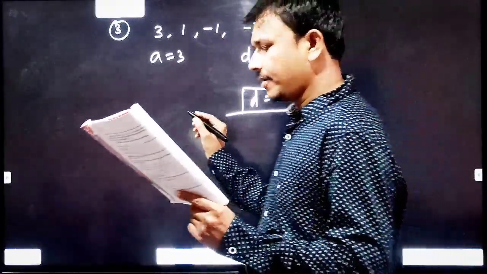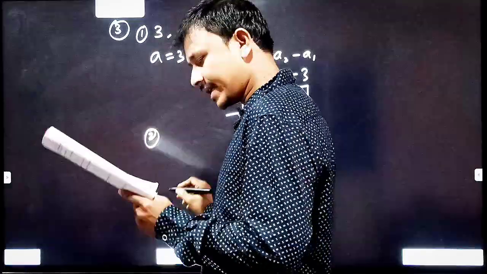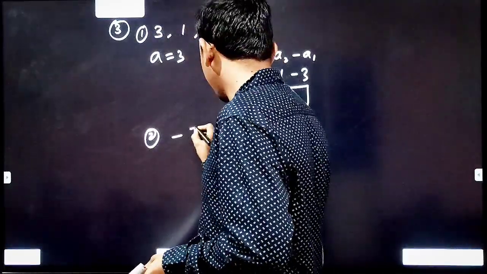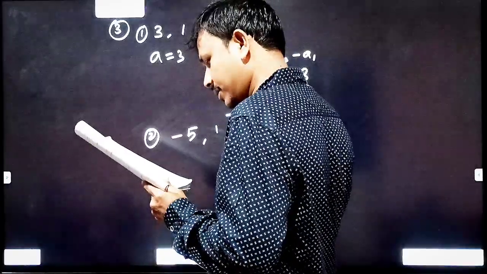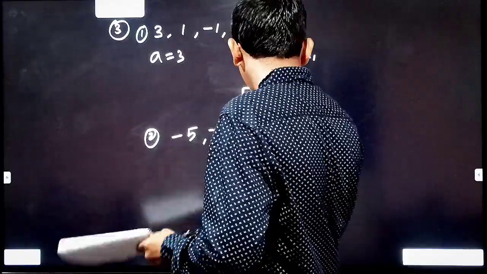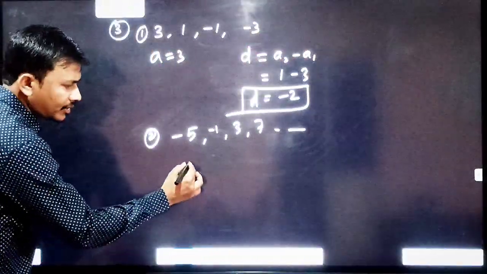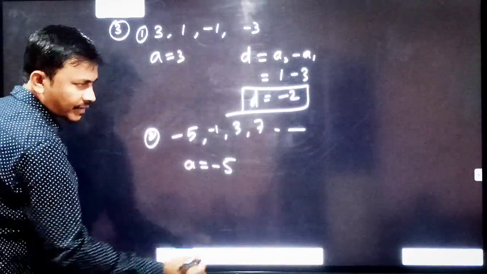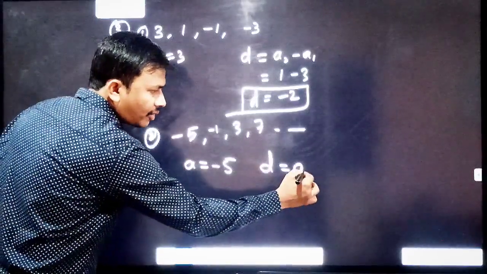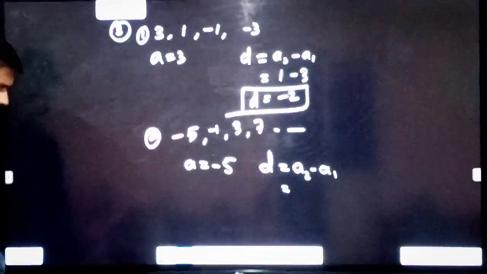Second question is minus 5, minus 1, 3, 7 and so on. What is the first term here? a is equal to minus 5. Common difference, d is equal to a2 minus a1. What is the second term?